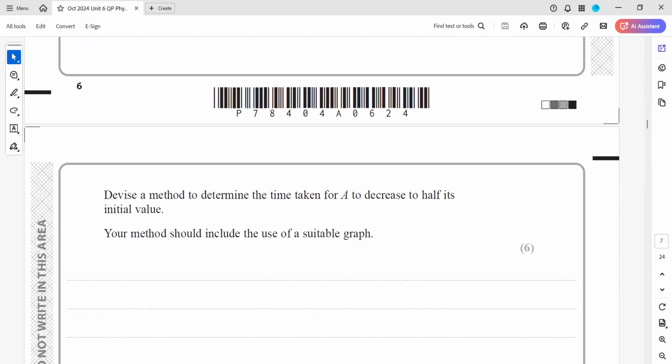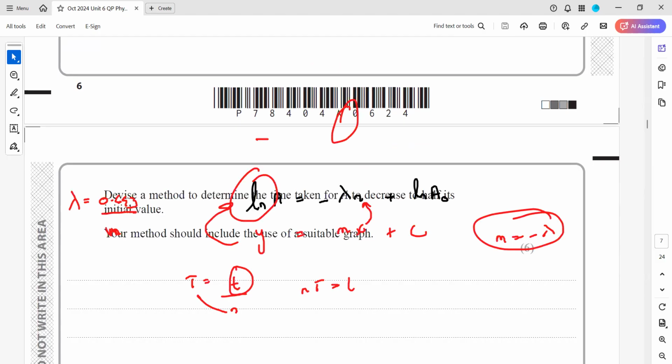Using the gradient, I will get the value for lambda. Then the number of oscillations multiplied by the time period gives the total time, so this formula also I have to use.